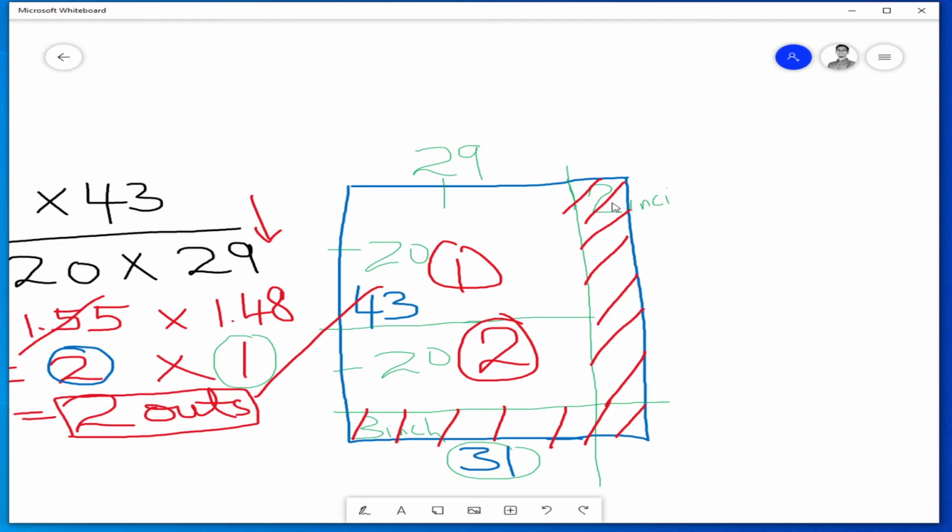Ni 3 campur 2 baru 5 inci waste. What do you think, Alia? Betul?